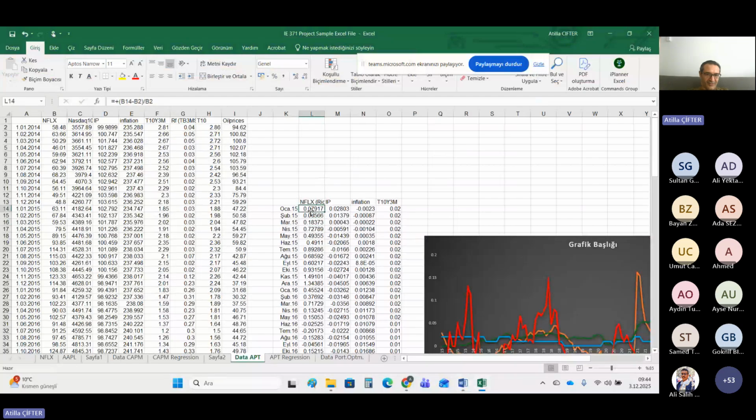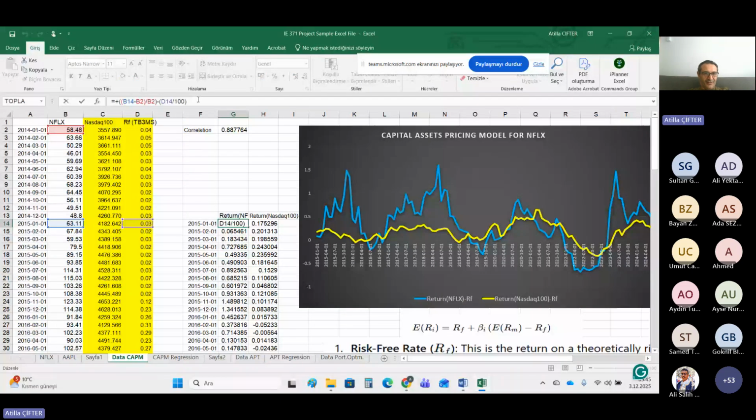Probably this Excel file I also need to update, because it takes Netflix directly. But here in the CAPM regression model, we take the individual stock return and adjust it with the risk-free rate.